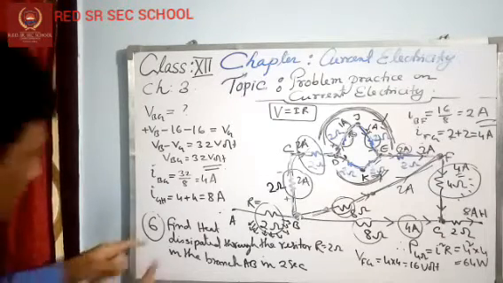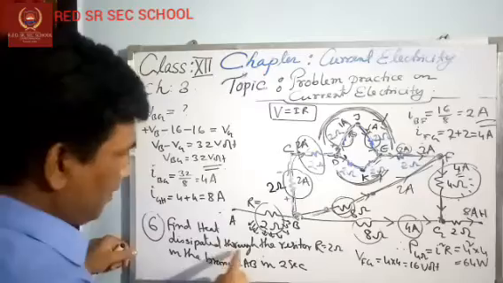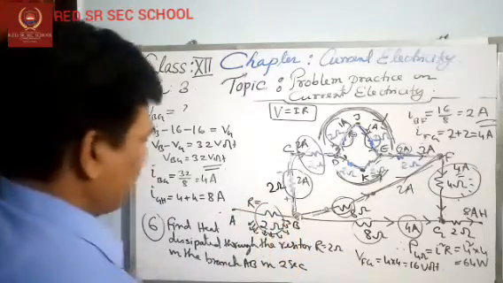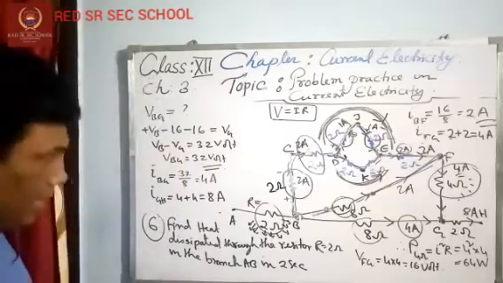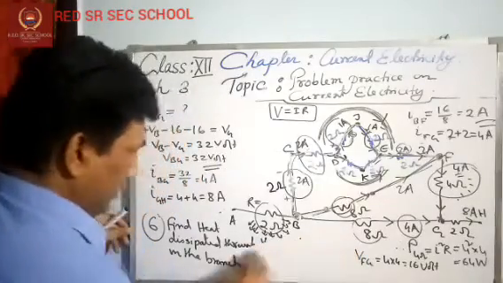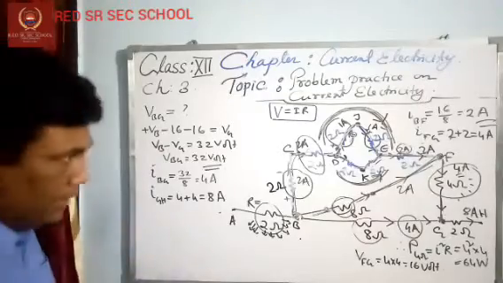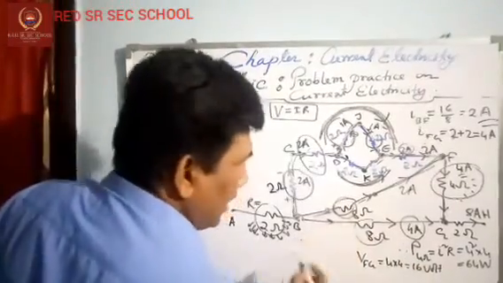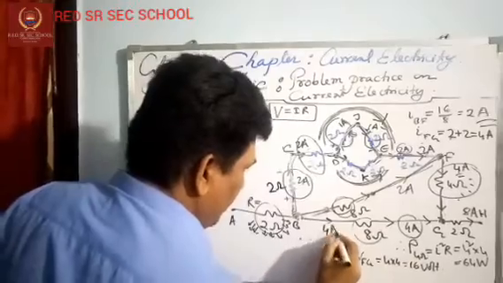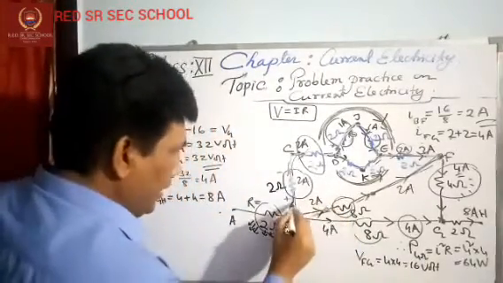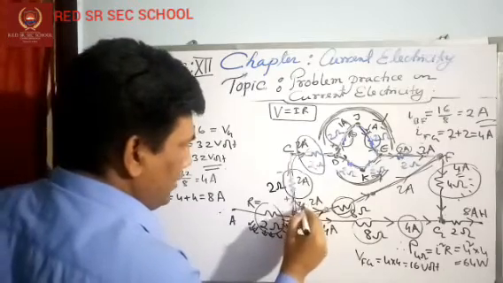Now I am going to do this last problem. Find the heat dissipated through the resistor R equal to 2 ohm. What is the heat dissipated here? You see, in the whole circuit, in this branch I have seen the current flowing is 4 ampere. In this branch the current flowing is 2 ampere. In this branch the current flowing is 2 ampere.